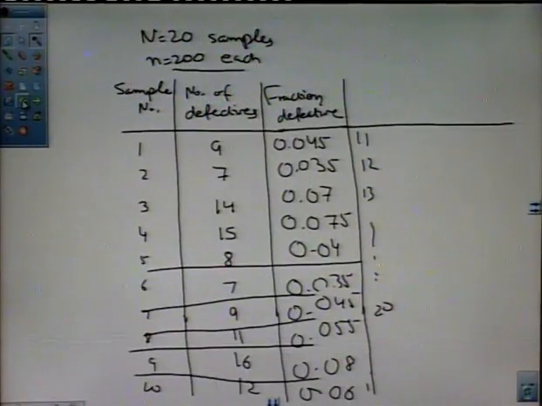Then we calculate P bar. The total number of defectives are calculated. This is sigma NP, 9 plus 7 plus 14 likewise.